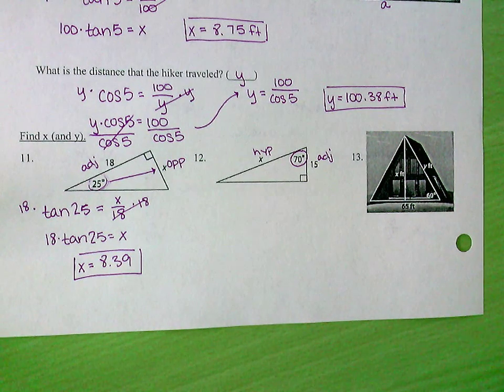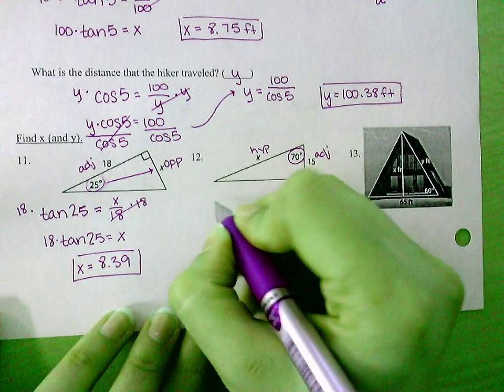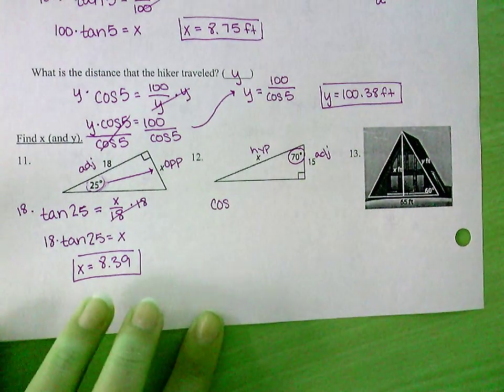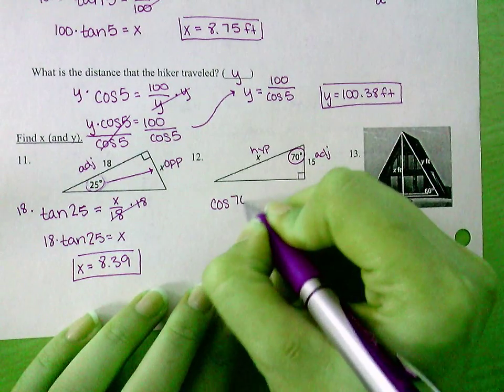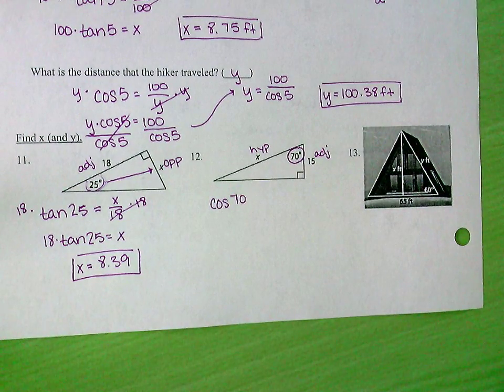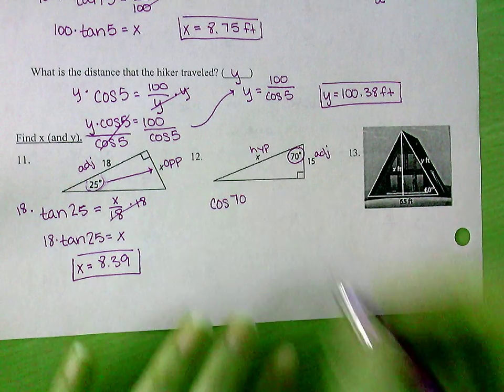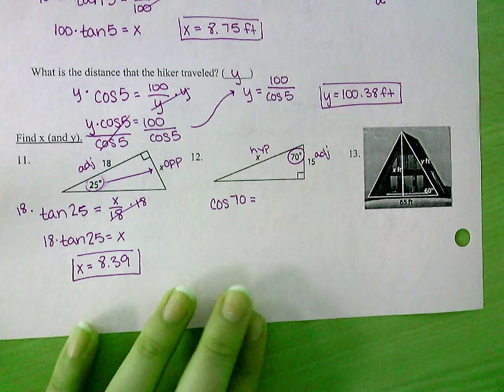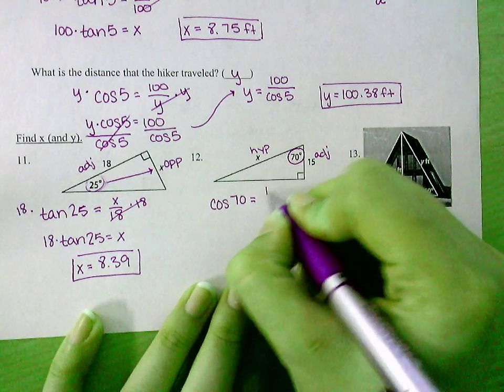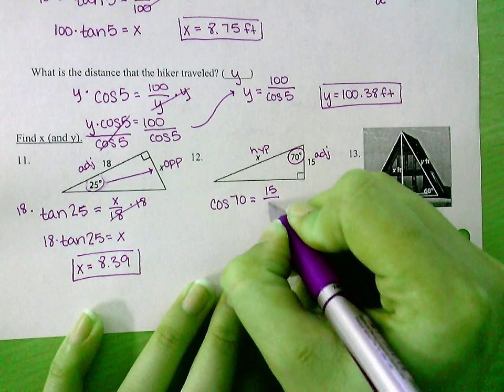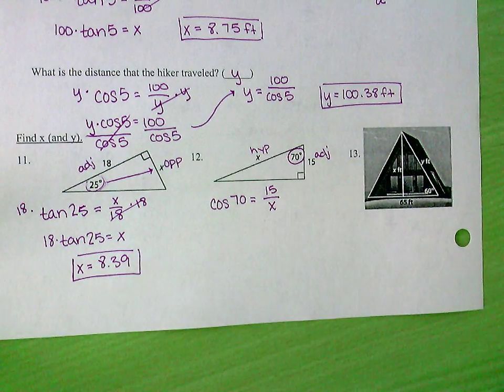It is cosine. So we're going to write cosine of 70. That angle measure always gets attached to that trig function. That's equal to your ratio of sides. So we have the adjacent side, 15, over hypotenuse, which is x.